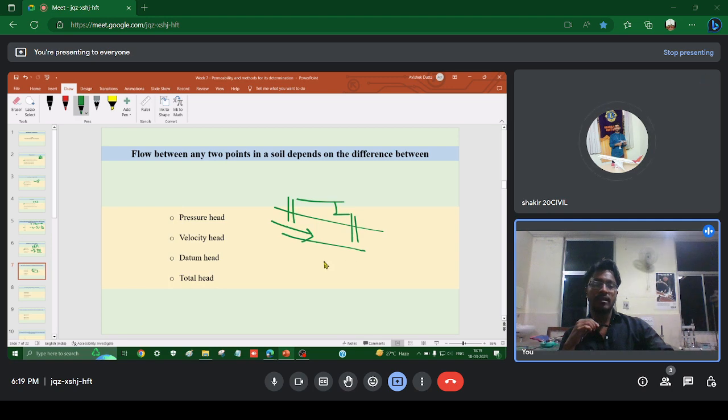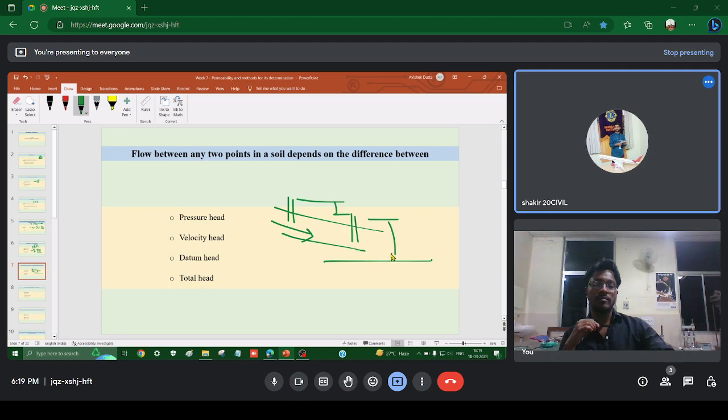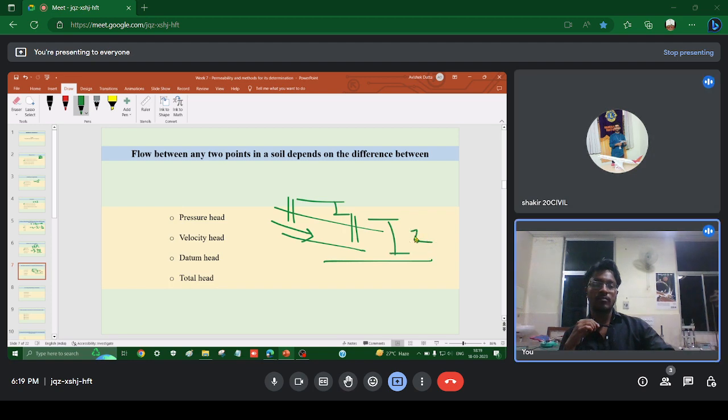If this is the datum, then this will be the datum head Z, and then velocity head will be v square by 2g.